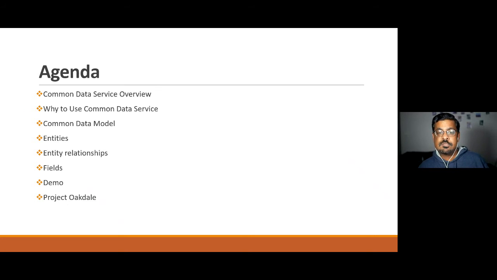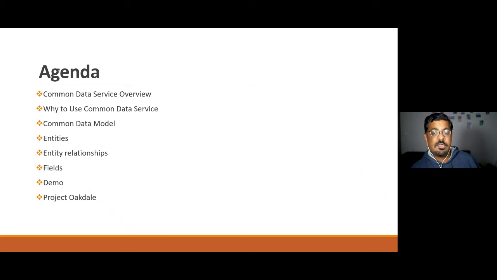We will discuss Common Data Service, what it is all about, and then why to use Common Data Service, and afterwards Common Data Model, what is Common Data Model versus Common Data Service, and then we move to entities, then entity relationships between entities like one-to-many or many-to-many, and then we later discuss fields.